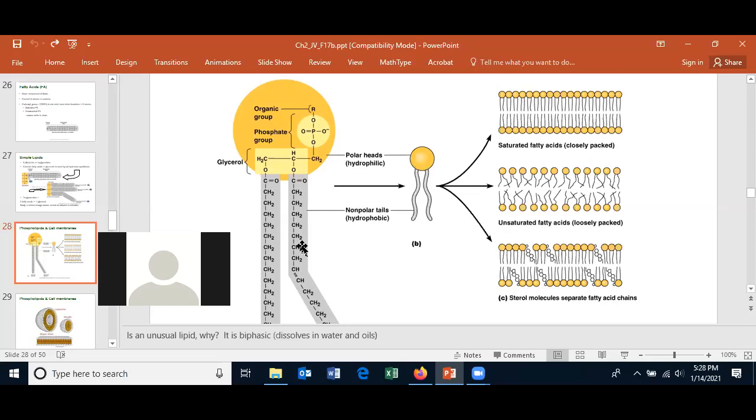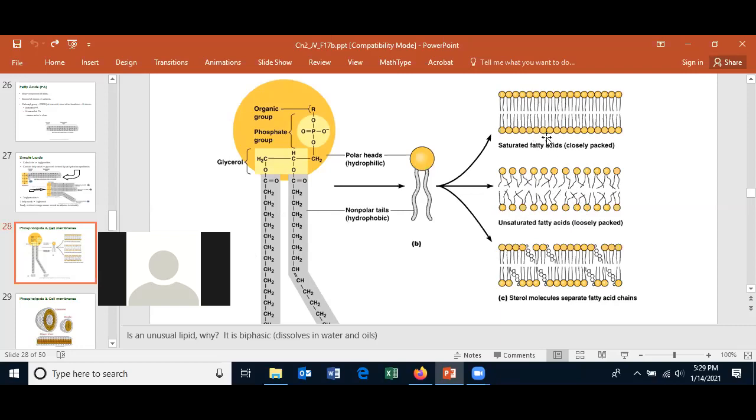If you had an animal like a moose that is in frozen weather, at least in the extremities, their hooves, they will have unsaturated tails in their phospholipids, and that's because these can get cooler and still function, whereas this at cold temperatures will become solid.